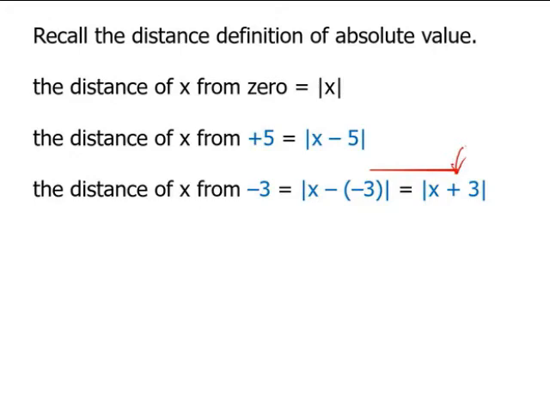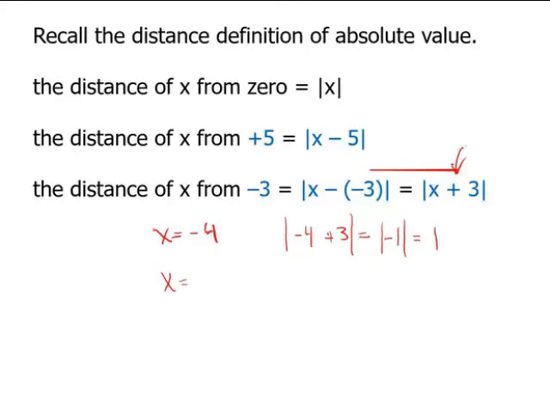One way to think about this is with ordinary numbers. Suppose x equals negative 4. How far is negative 3 from negative 4? It's right next to it on the number line. It's 1 away. And if we plug into the formula, we get absolute value of negative 4 plus 3, absolute value of negative 1 equals 1. So the point negative 4 is a distance of 1 from negative 3.